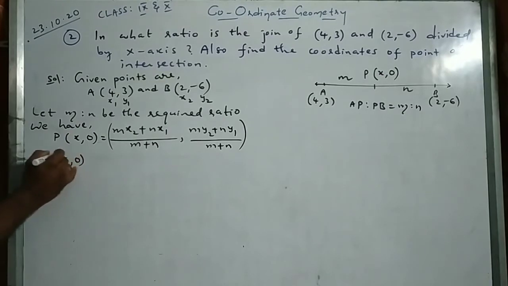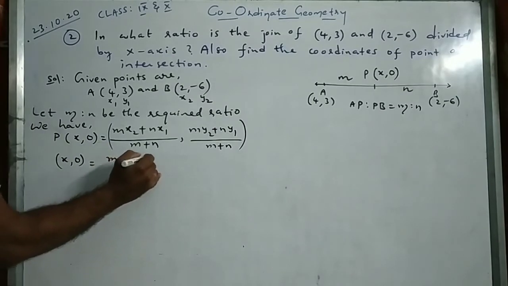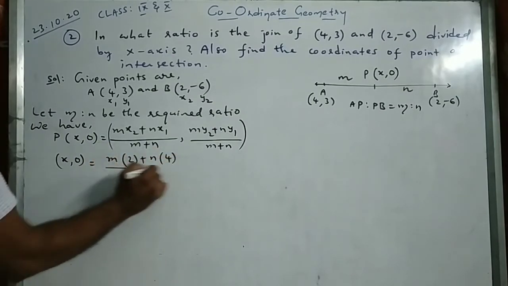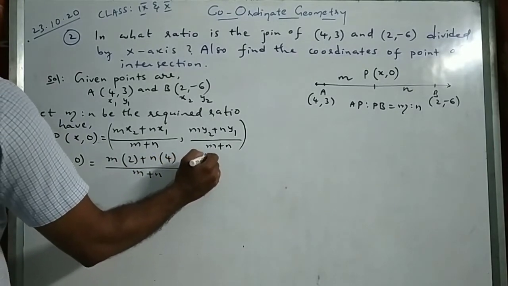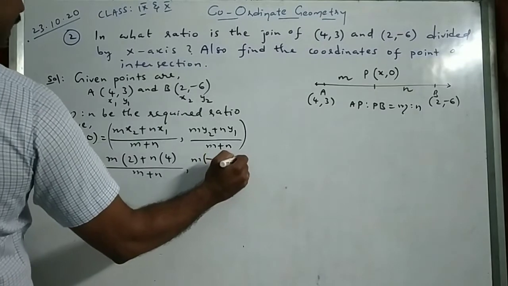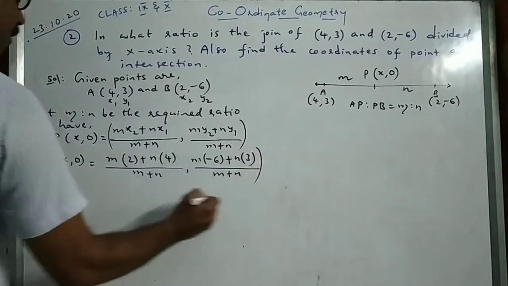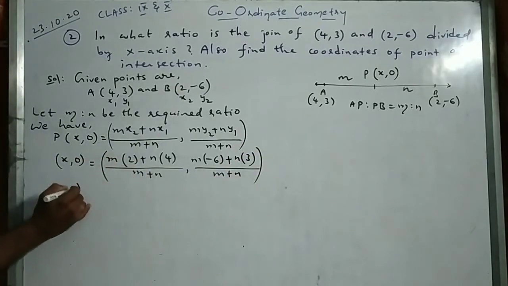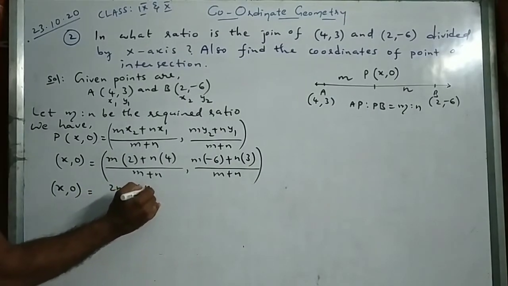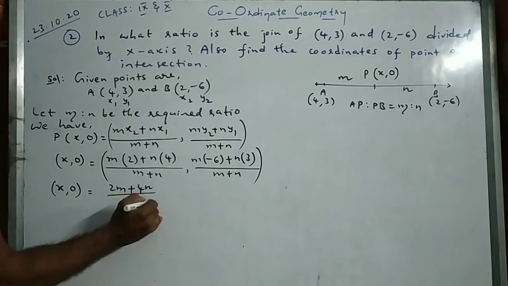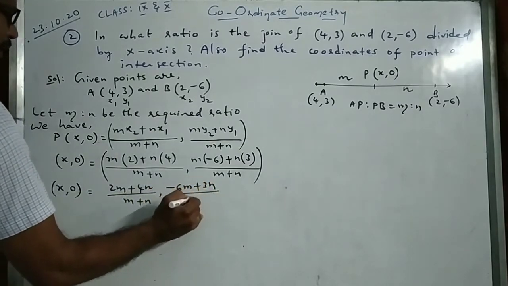So (x, 0) equal to m into, what is the x2 value here? 2, n into the x1 value 4, upon m plus n. m into y2 means minus 6, n into the y1 value 3, upon m plus n. Okay. Now (x, 0) equal to, simplify this, (2m plus 4n) upon (m plus n), comma (minus 6m plus 3n) upon (m plus n).